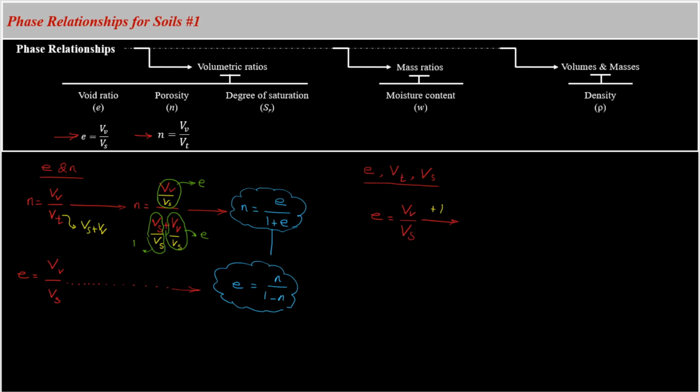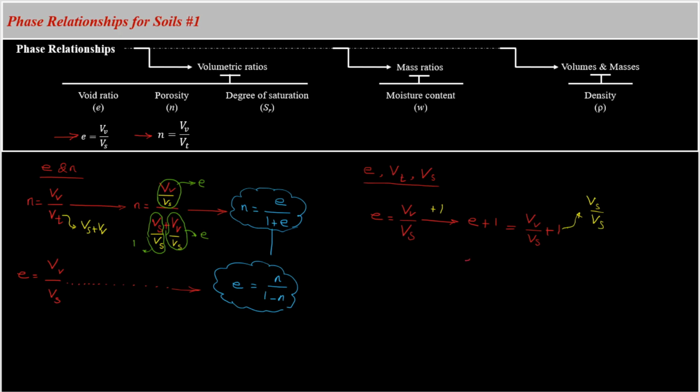So we can write e plus 1 is equal to V sub void divided by V sub S plus 1. Now, the 1 on the right side of the equation can be replaced with V sub S divided by V sub S, which is equal to 1.